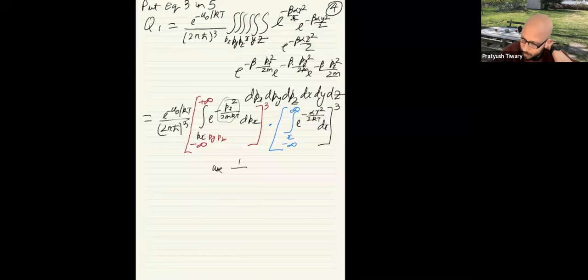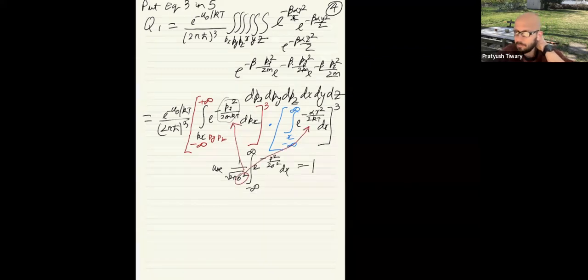We will use 1 by root 2 pi sigma square e to the power minus x square by 2 sigma square dx. If you go from minus infinity to infinity, this is equal to 1. That's the definition of a Gaussian integral. So it's the value of sigma that is changing for both of these, right? But otherwise, it's the same Gaussian integral.